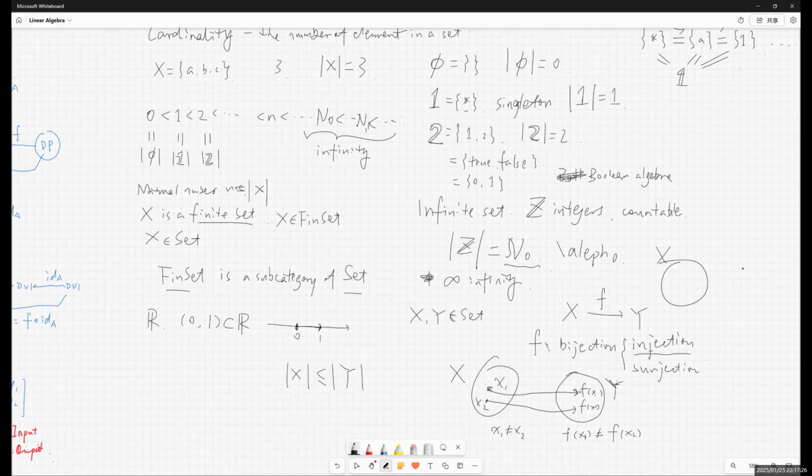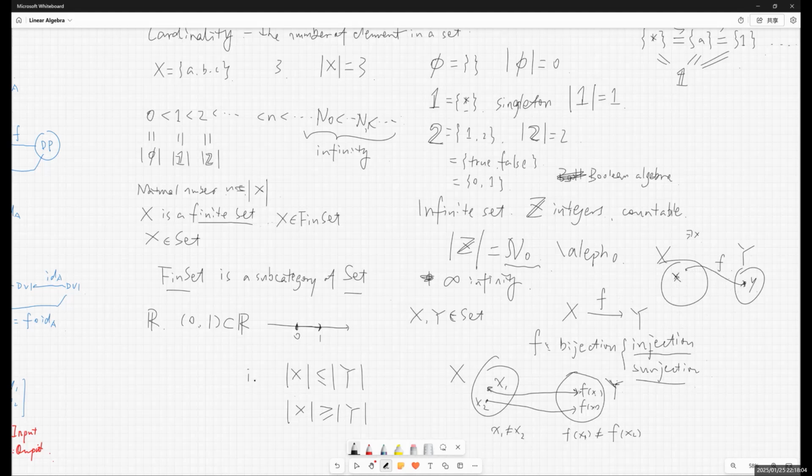And surjection means that if we have f from X to Y, every element of Y can be a destination of the map f. That means for any y, we can find an x such that y is the image f of that element. So the condition of surjection is like this.